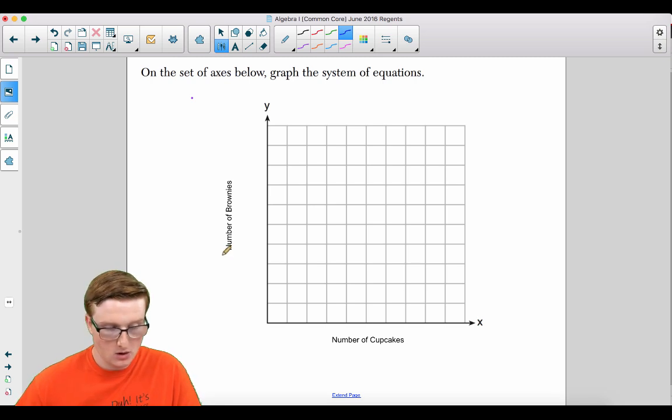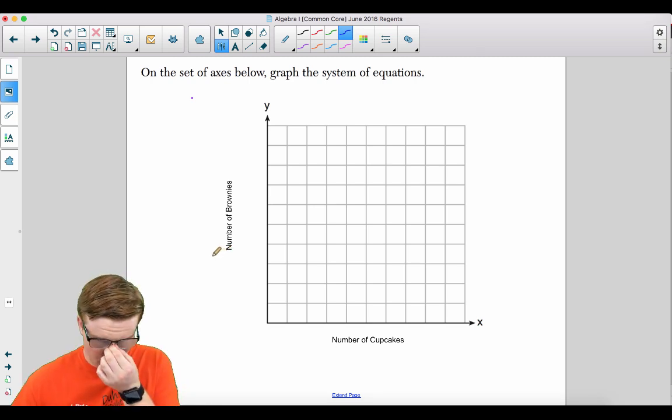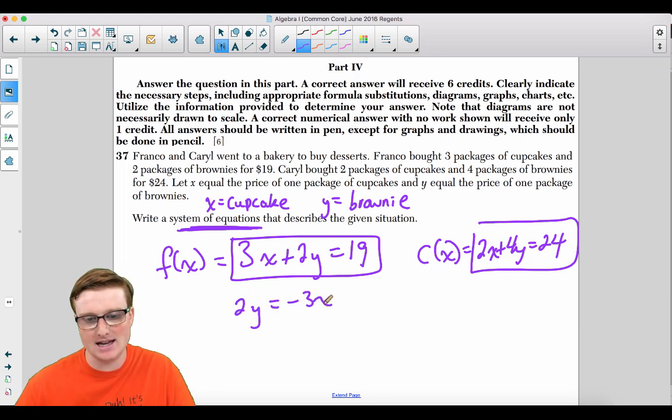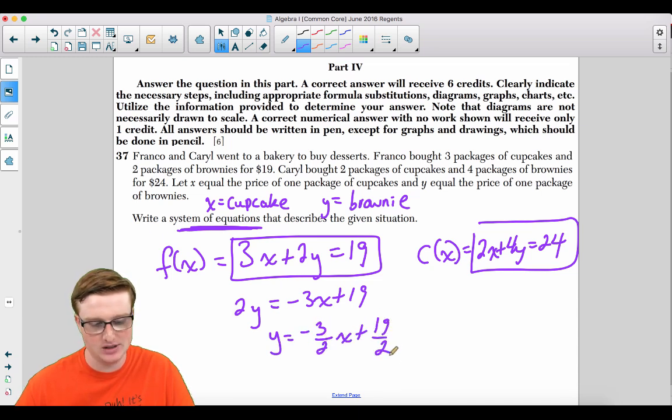Okay, so all you're going to do is you're going to graph Franco's function first. Well, Franco's function in simplified terms is 2y is equal to negative 3x plus 19, which is equivalent to y is equal to negative 3 halves x plus 19 halves.